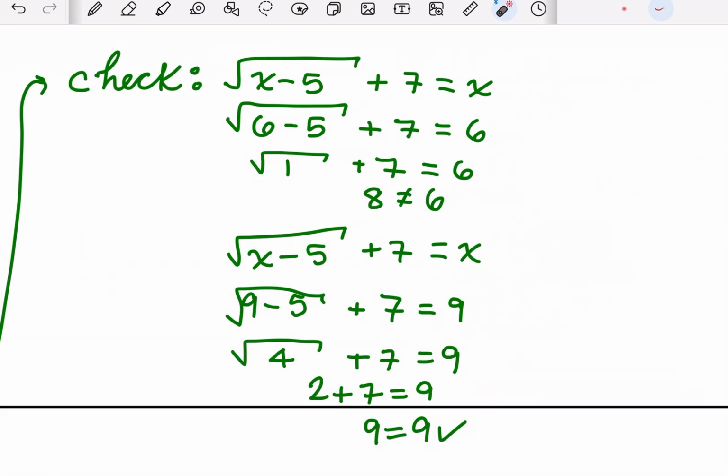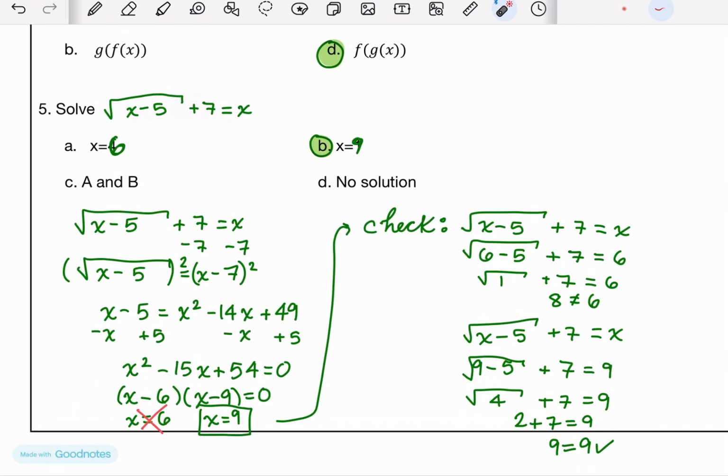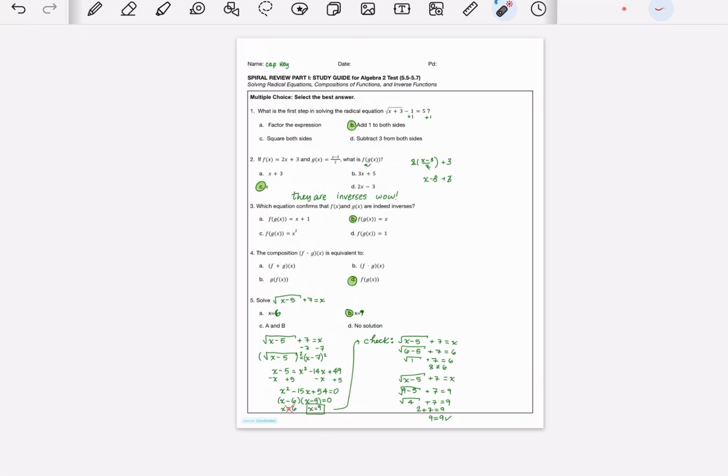You can see that one does not work, and one does work. The one that works is your answer, the one that doesn't is not your answer. So 6 is actually an extraneous solution, whereas 9 is the only solution. So the answer would be x is 9. All right, so that's page 1.